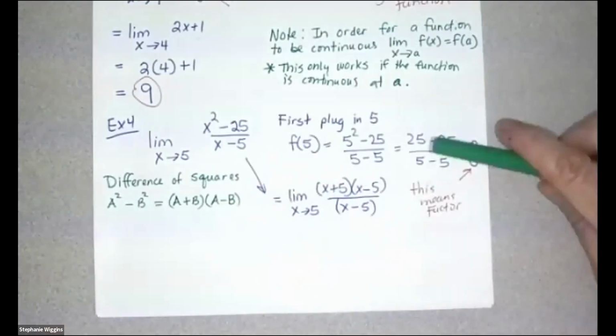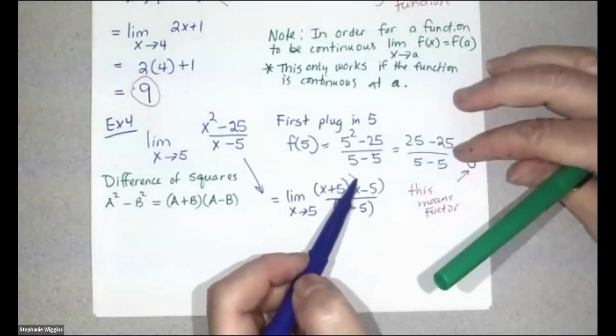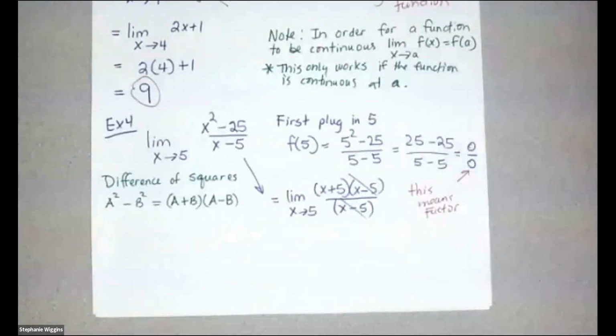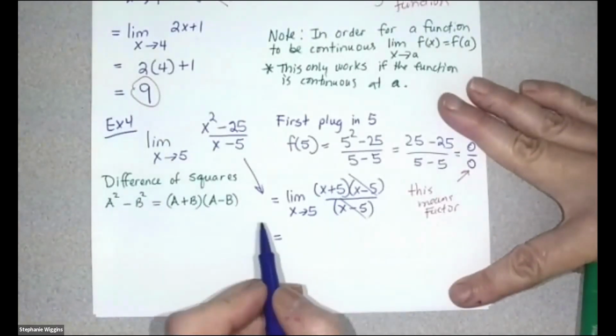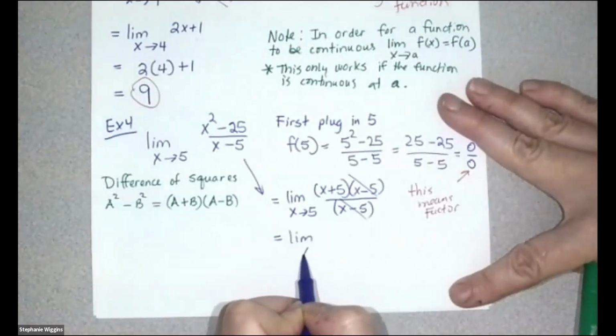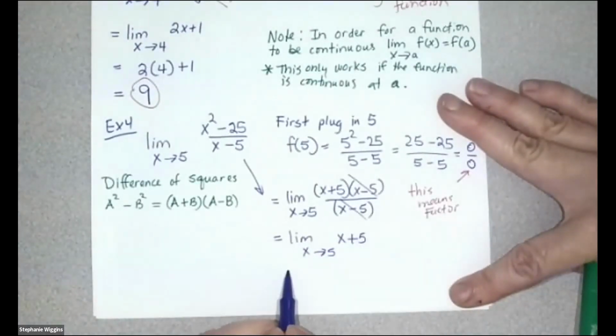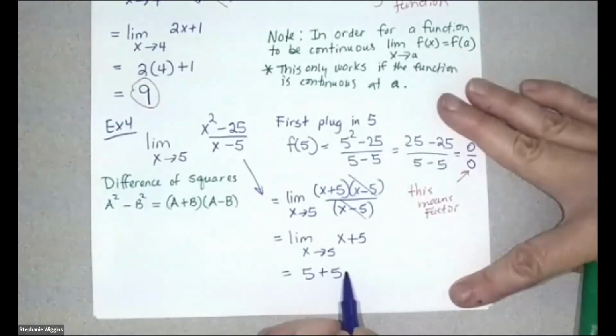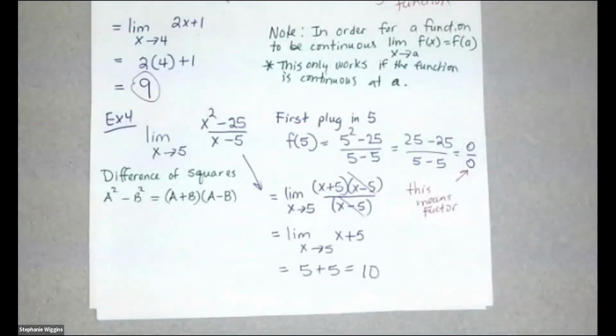And you can see now we have a common factor. That's because we got 0 over 0. So there's my common factor. And we plug that 5 into my x plus 5. We get 5 plus 5, which is 10.